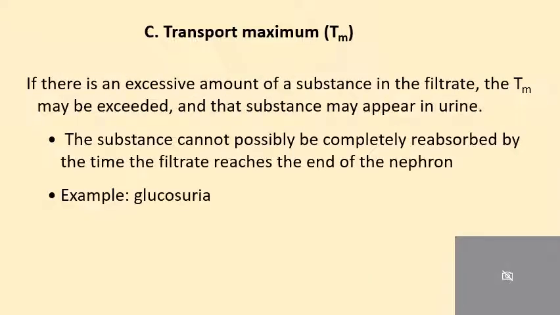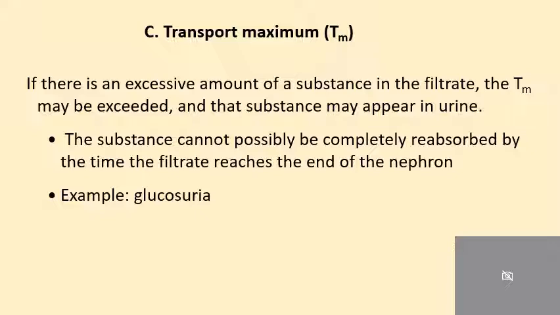Lucy and Ethel in the chocolate factory elucidate the concept of transport maximum. There are simply too many chocolates on the conveyor belt for Lucy and Ethel to capture and process all at once. So transport maximum can be exceeded when there's too much of a substance in the filtrate.